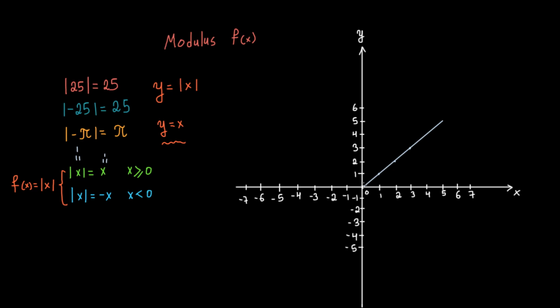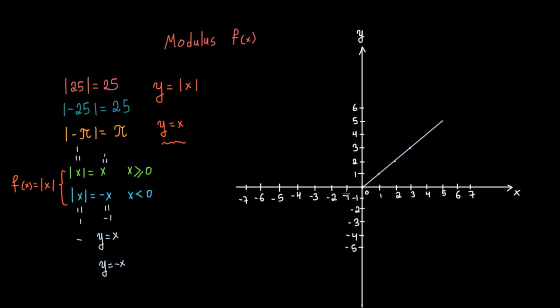Now for when the x value is less than 0, so 0, minus 1. For minus 1, the absolute value is still going to be 1, which means it's going to behave like the mirror of y equals x. As you can see, on the right side our function behaved like y equals x, while on the left side it's going to behave like y equals minus x.